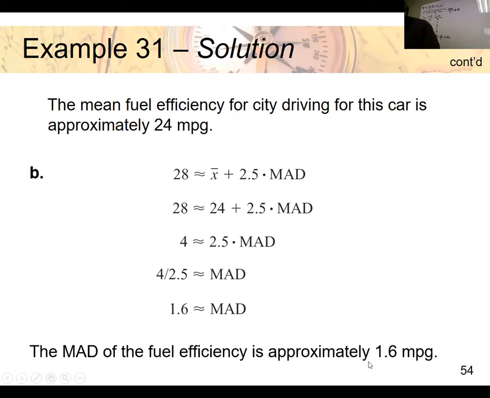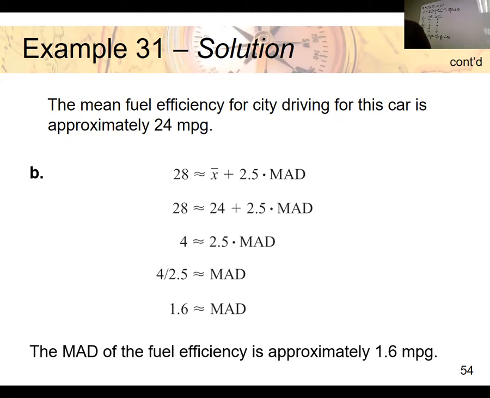That's probably the best way that I can explain it, since the word deviation has to be spread, that entire data. So that spread would be about 1.6 miles per gallon on average. All right, any other questions?